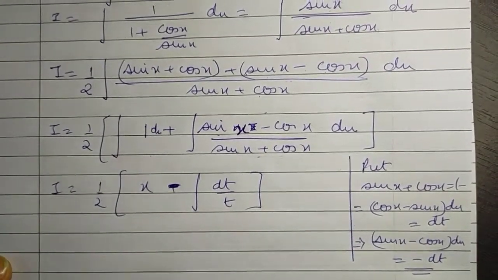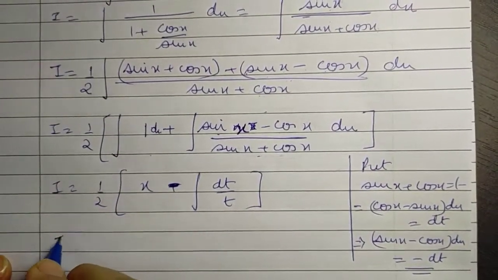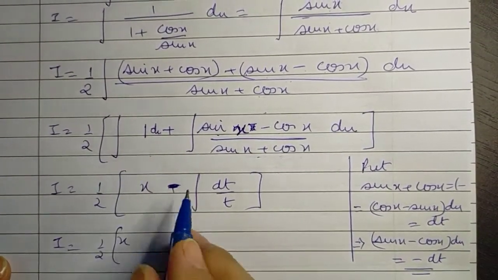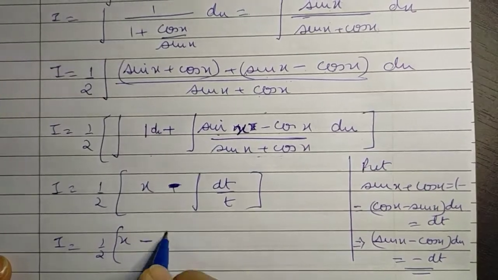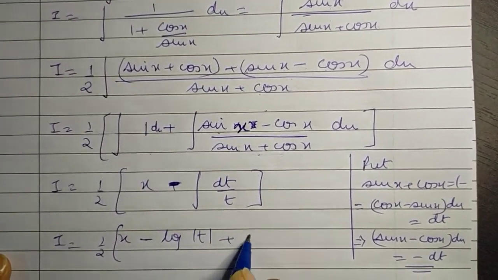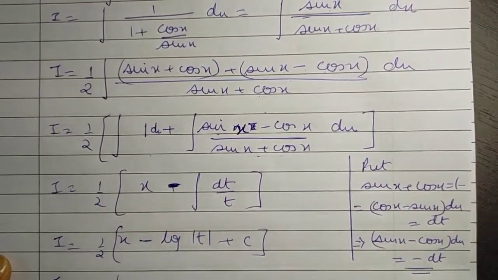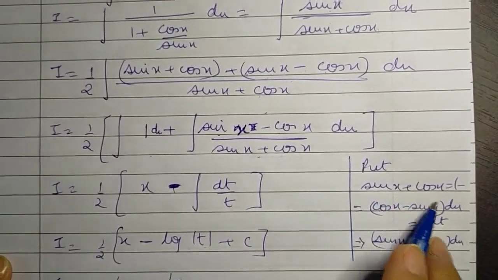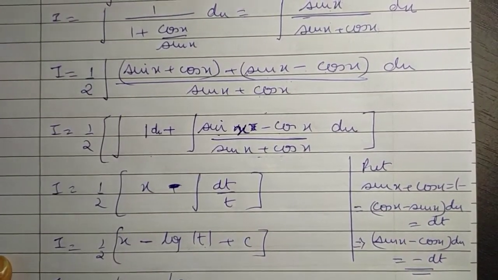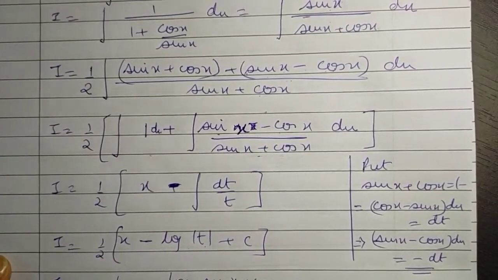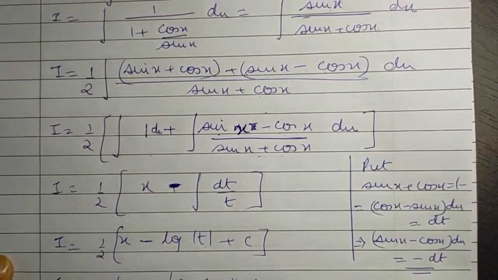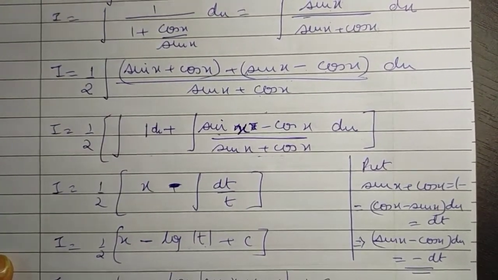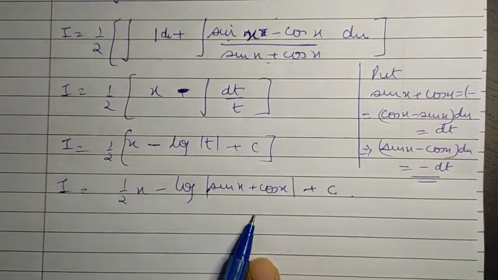This can be easily solved, and so you get half of x, half is common to both, minus log of t plus c. I becomes half of x minus log of, you replace back this t in terms of x, sin x plus cos x modulus, plus a constant, which is the answer.